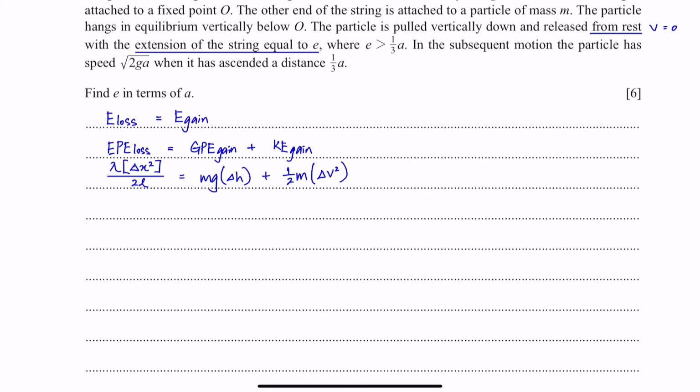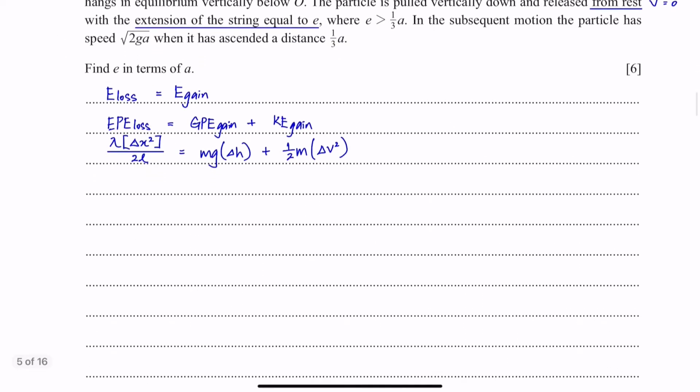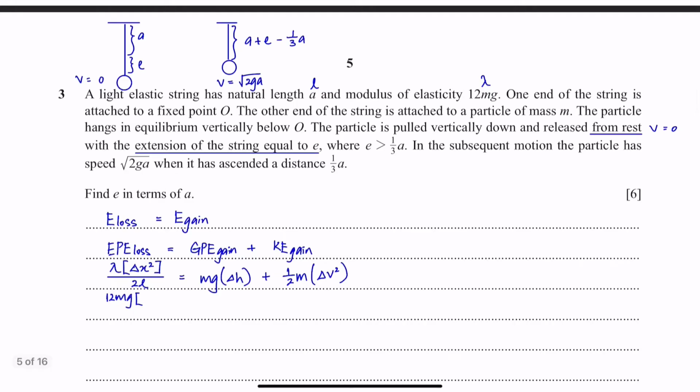Okay, so now we can start subbing in the values. So we have lambda as 12 mg times change in x squared. Okay, so initially the extension is e, right?